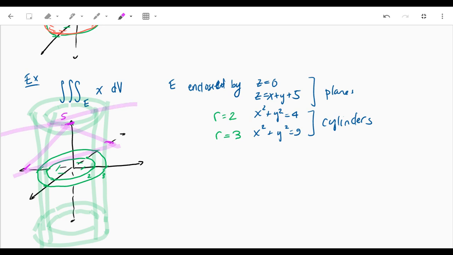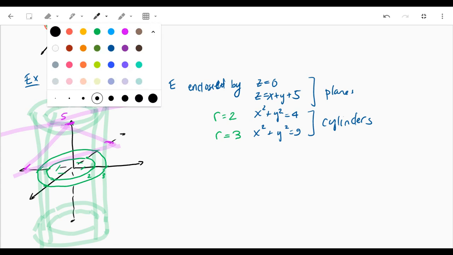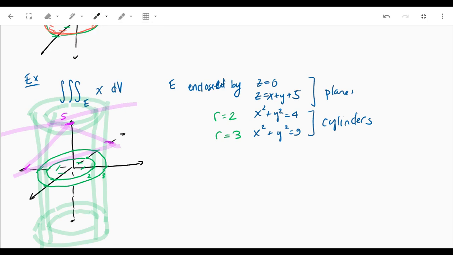So what this might look like from a different viewpoint, because it is kind of like that negative x and y where it's slicing down.